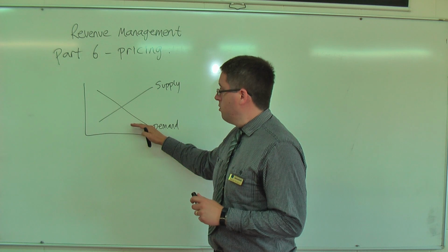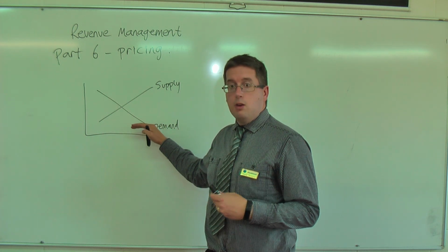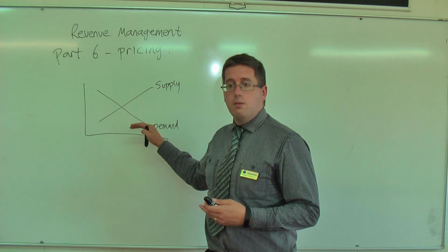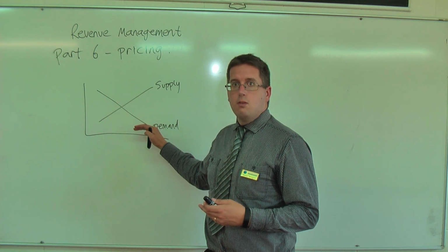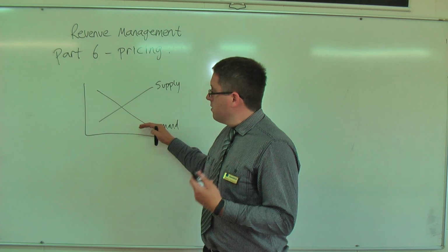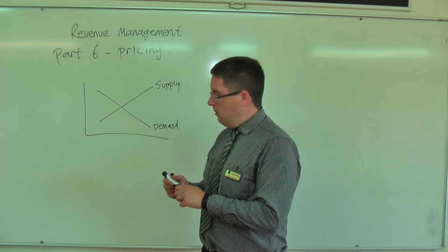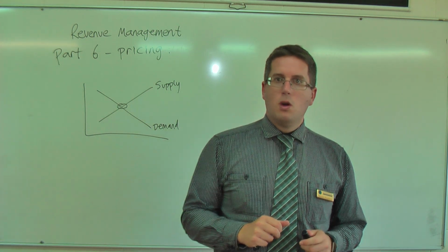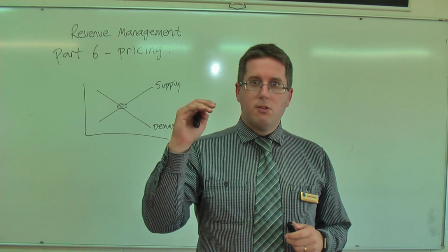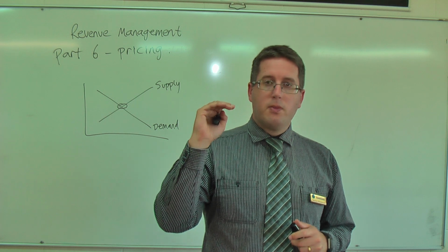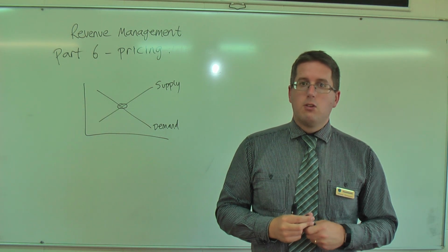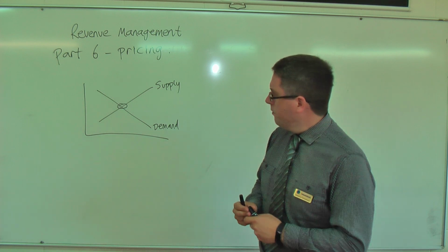If you set the price too low, demand will be very high, but you may not actually be able to cater for everyone wanting your hotel room. So it's about getting to that equilibrium, that perfect point in the middle where you're able to set the price at the perfect level, where you don't have what's called unsatisfied or unfulfilled demand.